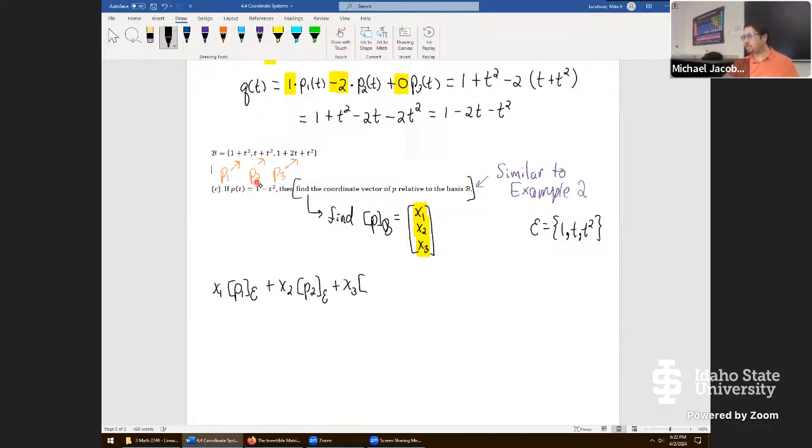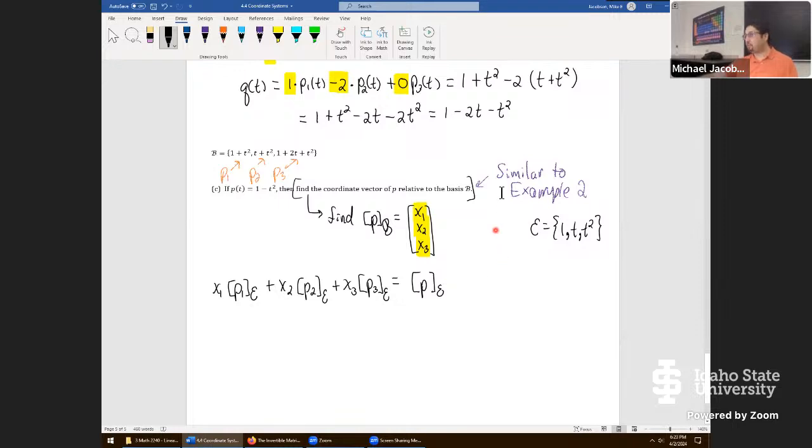Then down the line, x3 multiplying P3 relative to its standard basis will be equal to, well, now this is a vector equation in R3, so my right-hand side is not going to be P of t either. It's going to be the mapping of that polynomial, the original one, with respect to the original basis E, once again.